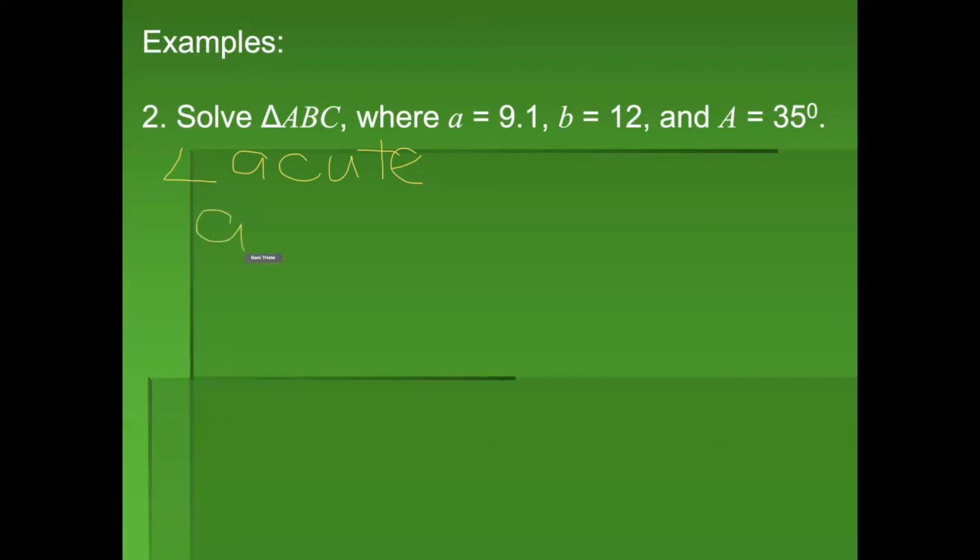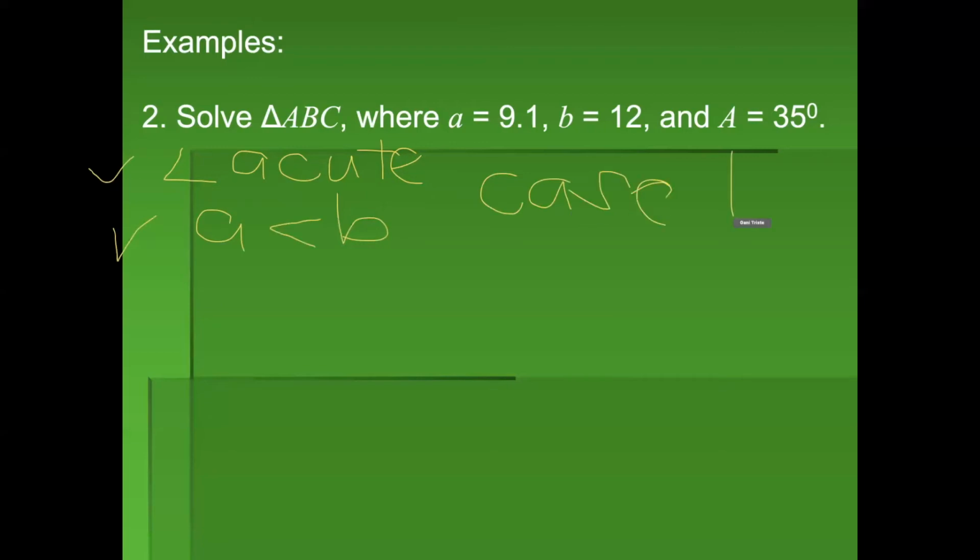Comparing it to the other side, side B, that is 12, side A is less than side B. We have an acute angle, and the opposite side A is less than B. Therefore, we are dealing with case 1.